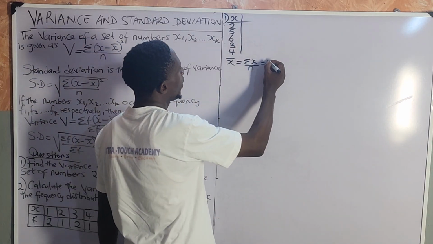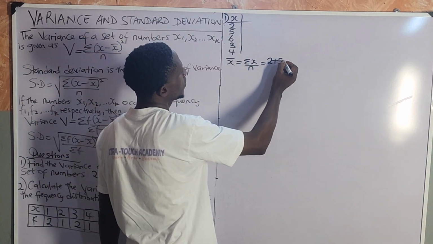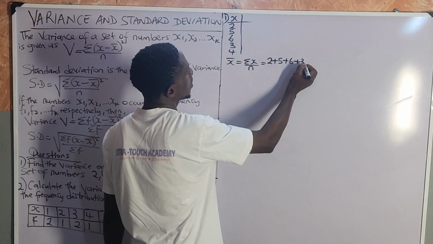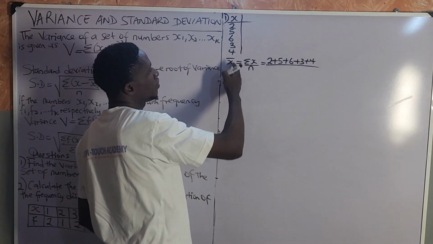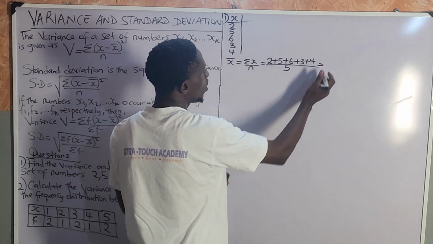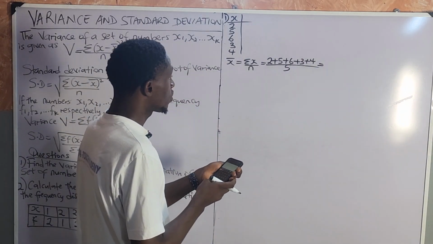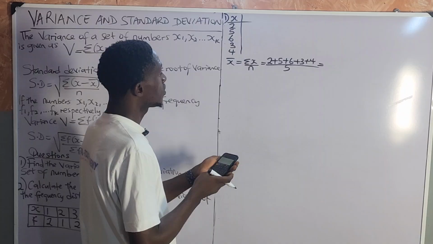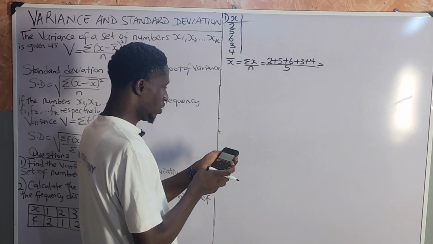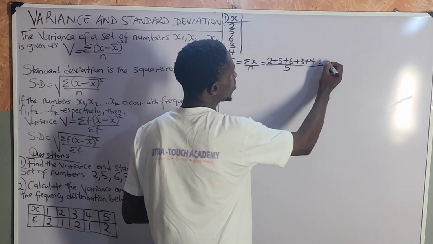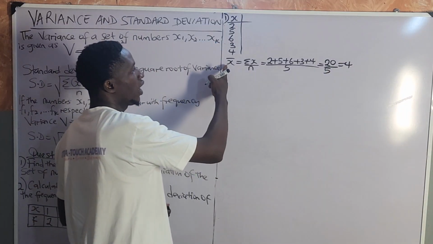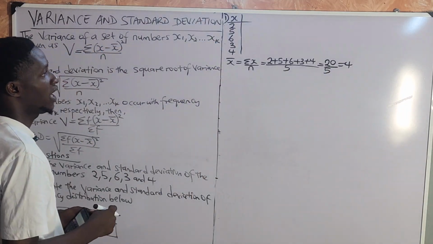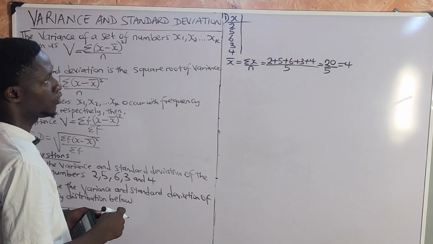So we have 2 plus 5 plus 6 plus 3 plus 4, all over 5, which is 20 over 5. So 20 divided by 5 is 4. Our mean, x bar, is 4.